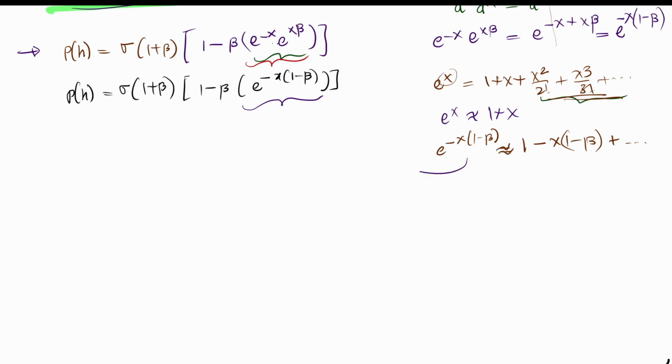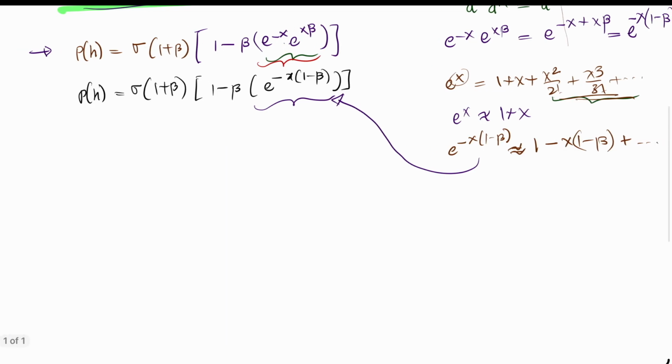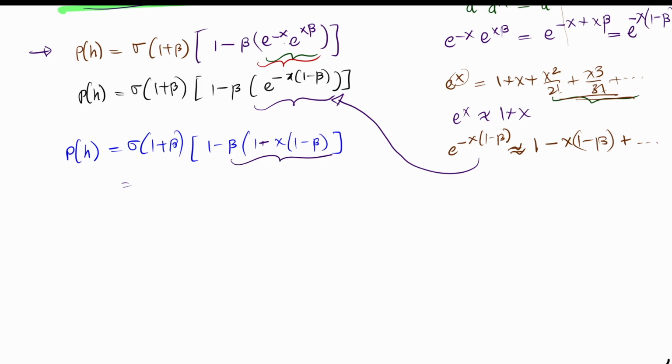If I substitute this result here, then I get p h equals sigma 1 plus beta, and then I substitute 1 minus x 1 minus beta. Now I'm going to also expand this term, so I'm getting x 1 plus beta 1 minus beta, 1 minus x plus x beta, correct?